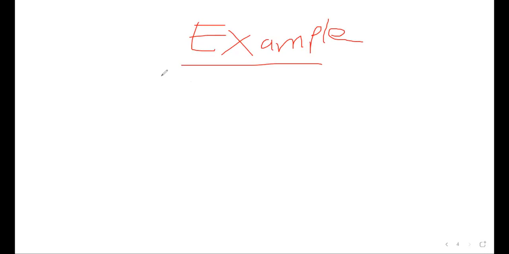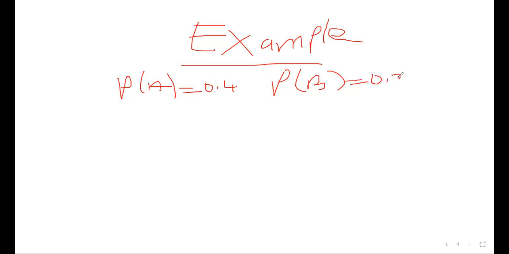So like an example, if you are given a probability of A, example probability of A is 0.4, and then probability of B is 0.2. Then probability of A intersection B is 0.3.